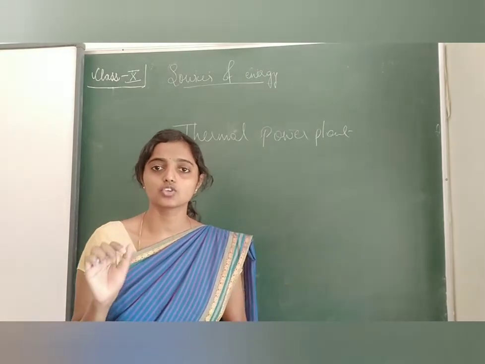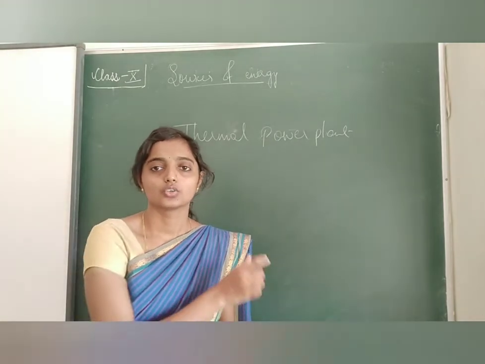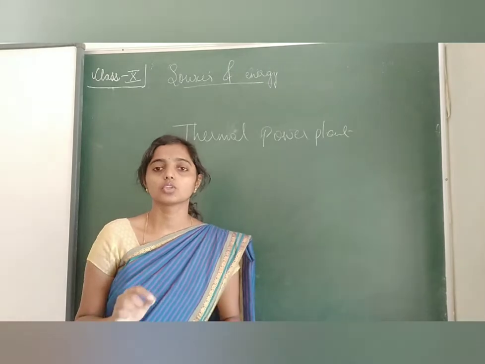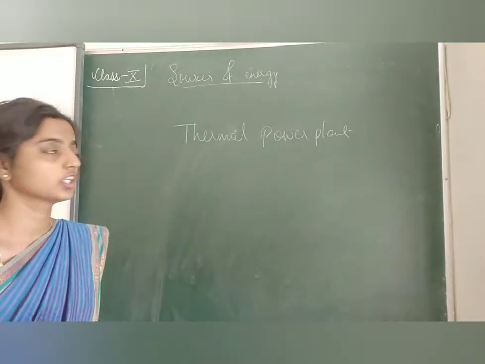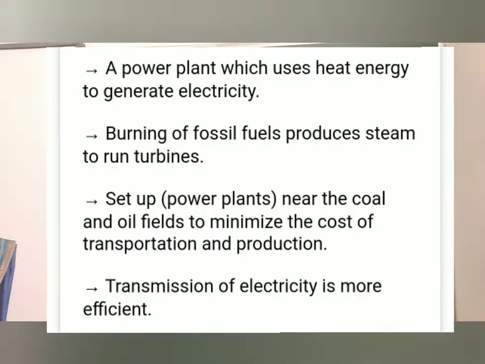First, we understood how it works through the earlier activity, right? Now the points which we need to remember are, look at the board. A thermal power plant uses heat energy to generate electricity. The burning of fossil fuels with water produces steam to run turbines, right?